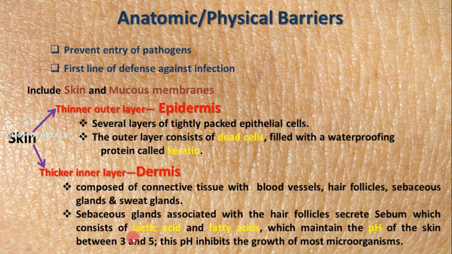In this way, the sebum also prevents the entry of pathogens through the skin. So both the outer layer epidermis and the inner layer dermis can prevent entry of pathogens. In this way, skin acts as a physical barrier for the entry of pathogens. So it provides the first line of defense against infection.